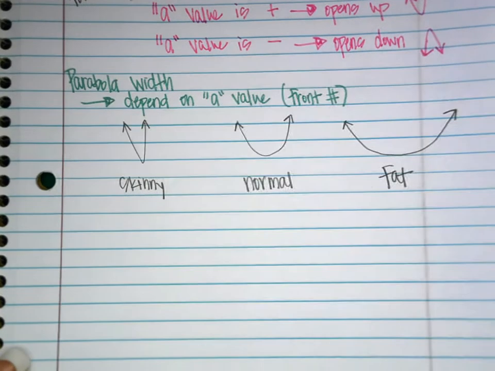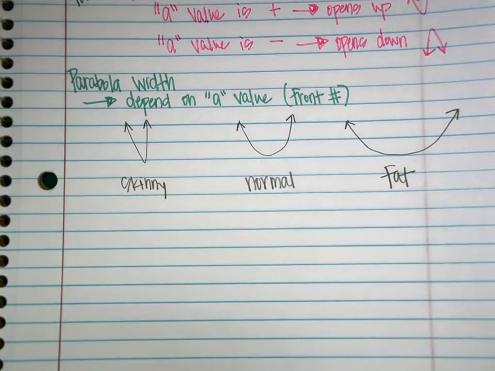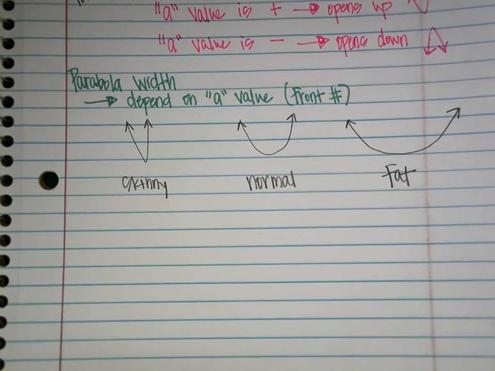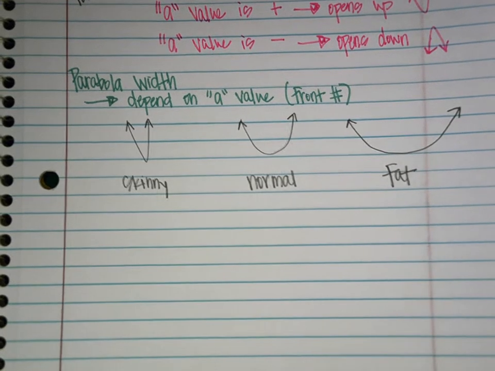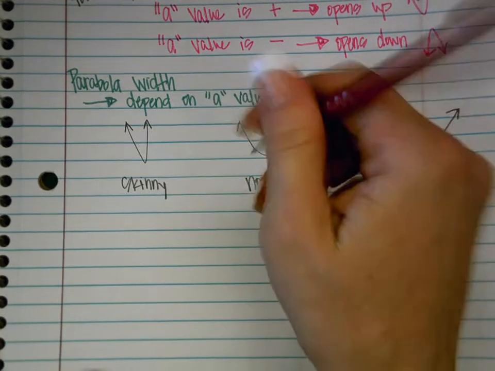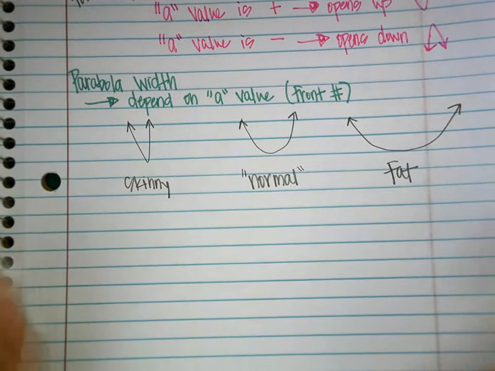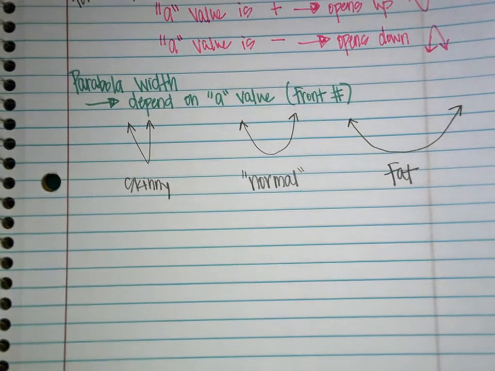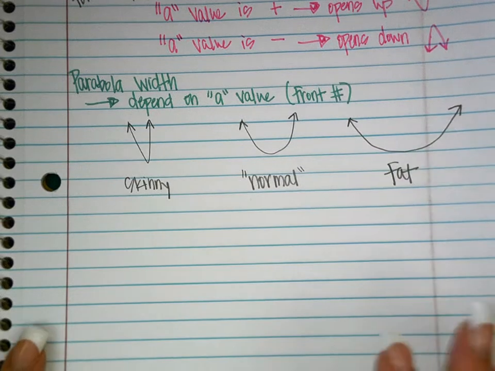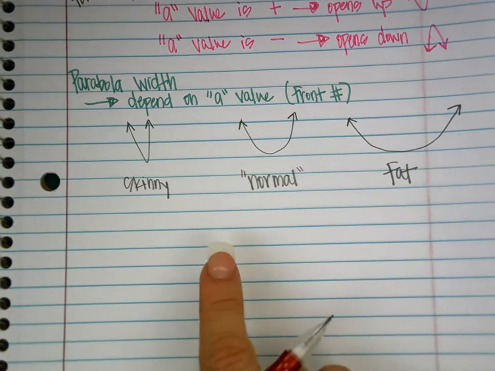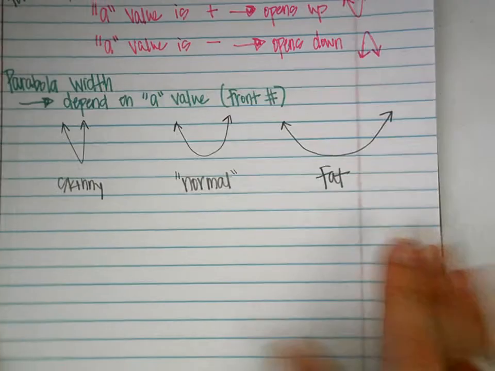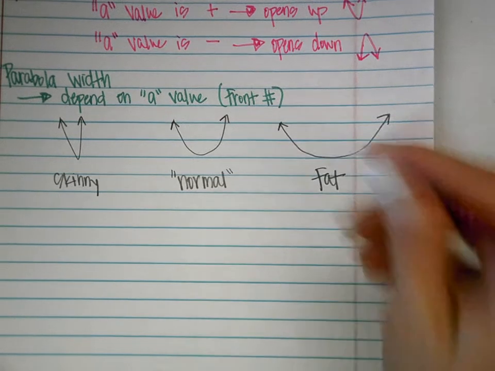The one in the middle is normal. It's not skinny, it's not fat, it's normal, or like a U shape. This one actually looks like a U. This one's a little skinnier. This one's super wide. So the way that you can tell which one is which is a fat parabola will have fraction a values.